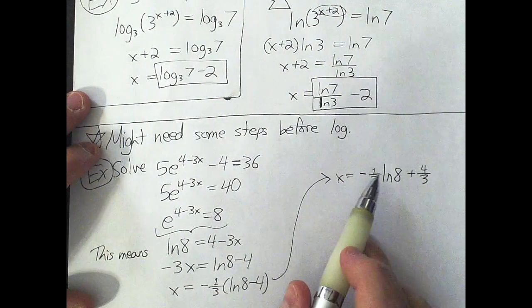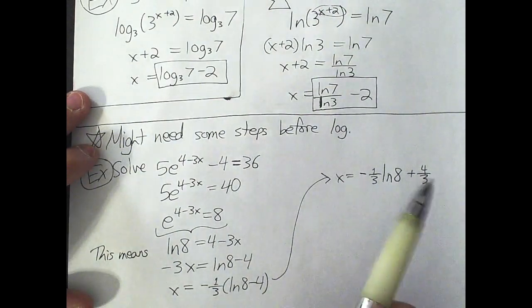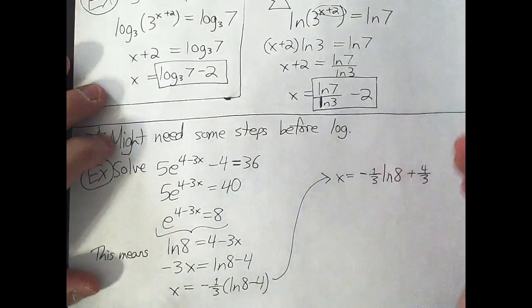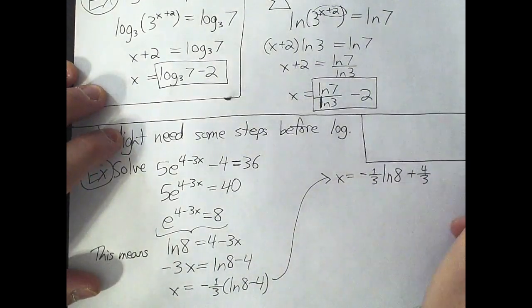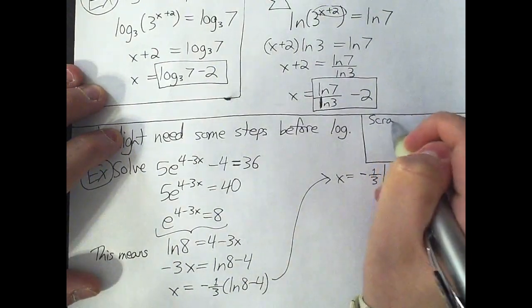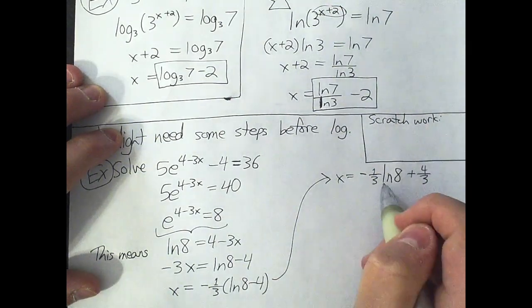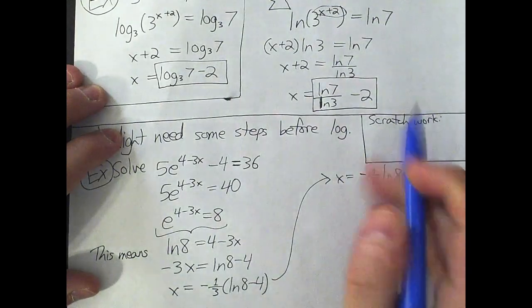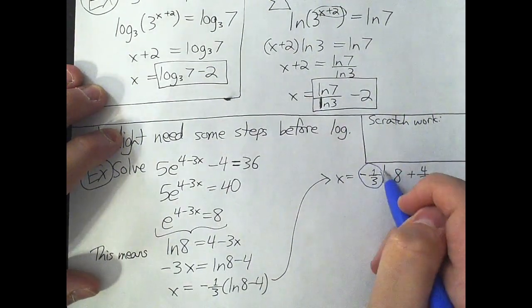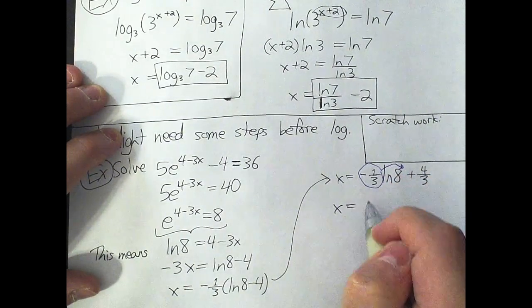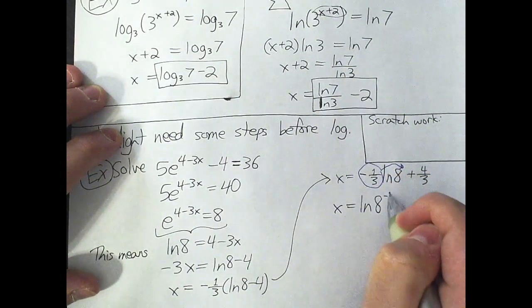The reason that I'm doing this is because I know what 8 to the 1/3 is. Let me just show you what I'm getting at here, as a little bit of scratch work. If I took this 1/3 and moved it inside, x equals ln 8 to the negative 1/3.